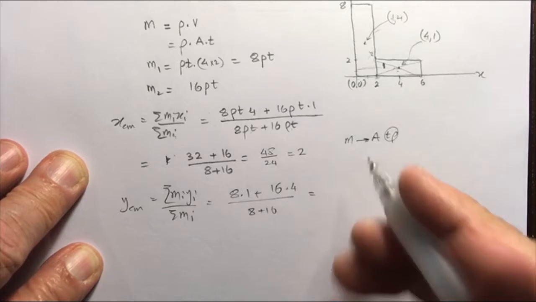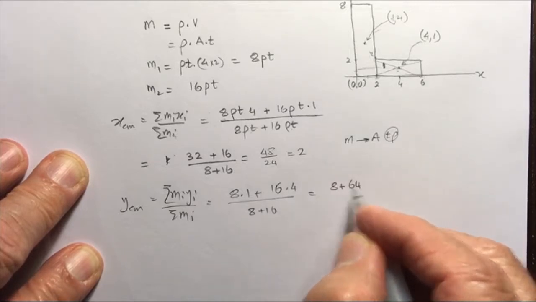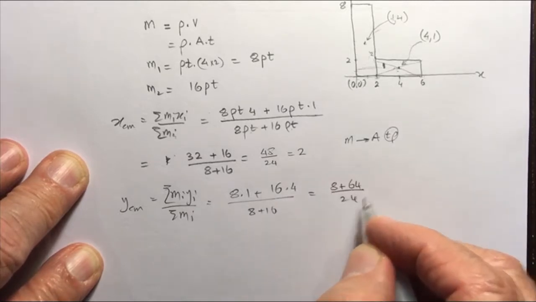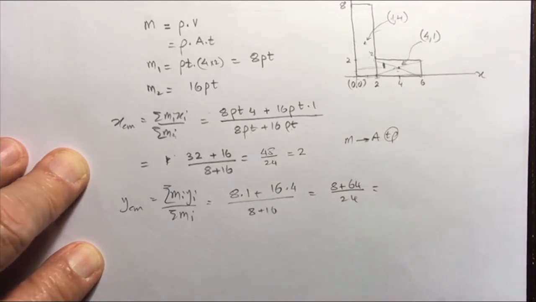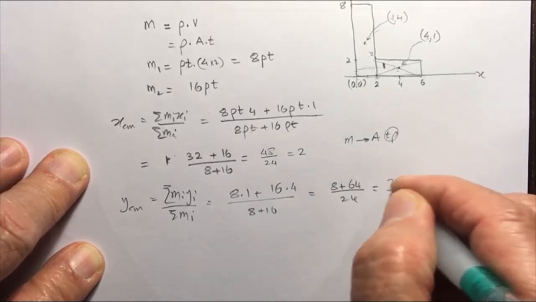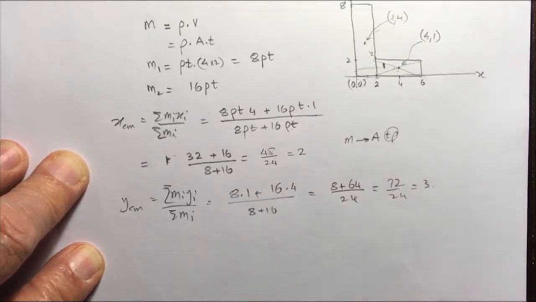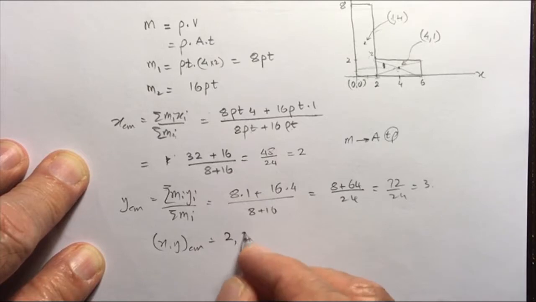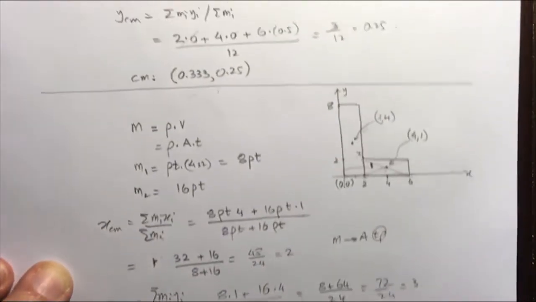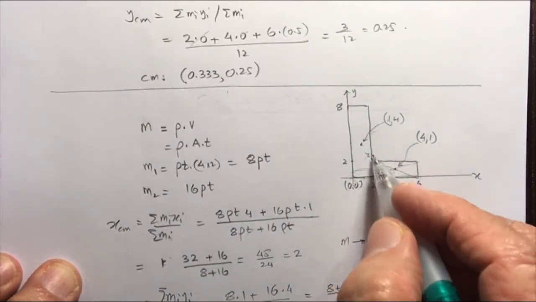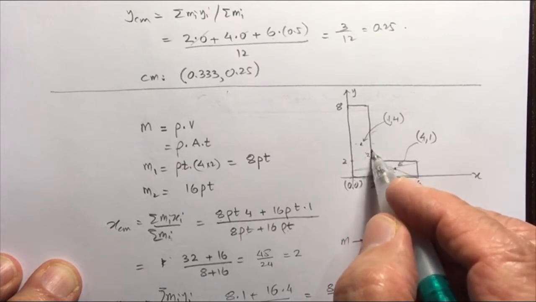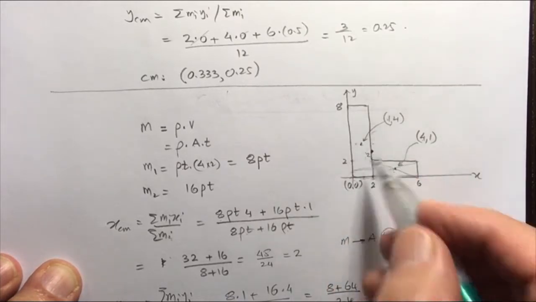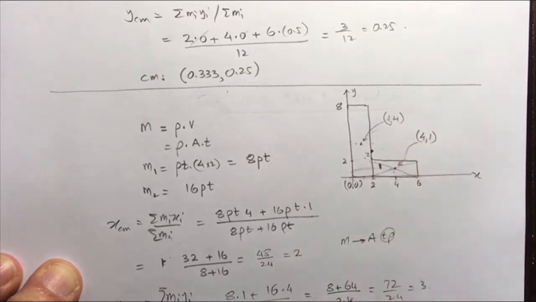So it's going to be 8 plus 64 over 24. So we get 64 plus 8, 72 over 24. That's 3. So the center of mass x, y is going to be 2, 3. So in this figure it's going to be 2, and that's 4, somewhere here. Well, the center of mass could have been out in the air also.